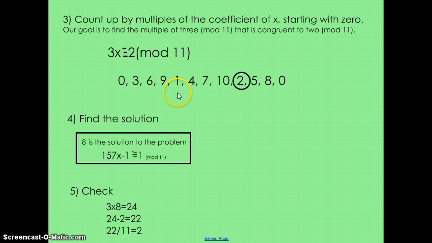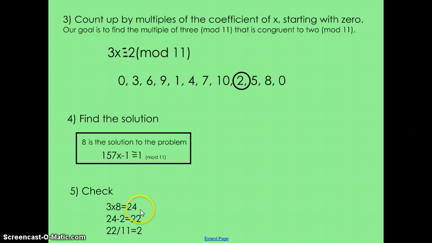Then we start over at 1 because we've hit 11, and we keep counting up: 1, 4, 7, 10, and then 2. We hit our answer. Then we count the number of times we had to multiply: 1, 2, 3, 4, 5, 6, 7, 8. So 8 is our answer.